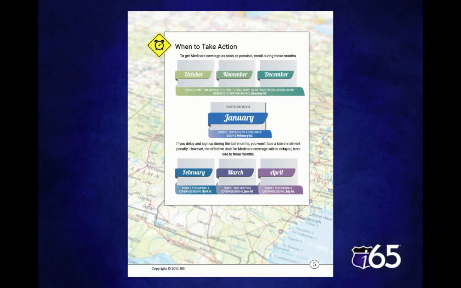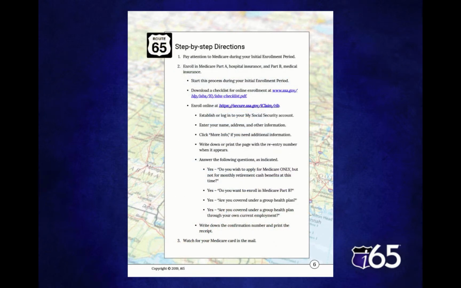Since this report is for a person turning 65 and enrolling in Medicare, it includes this person's specific initial enrollment period, based upon the birth date provided at the beginning of the process. Now, the all-important step-by-step instructions you need to take related to Medicare enrollment. Again, these are going to be specific to your unique situation.